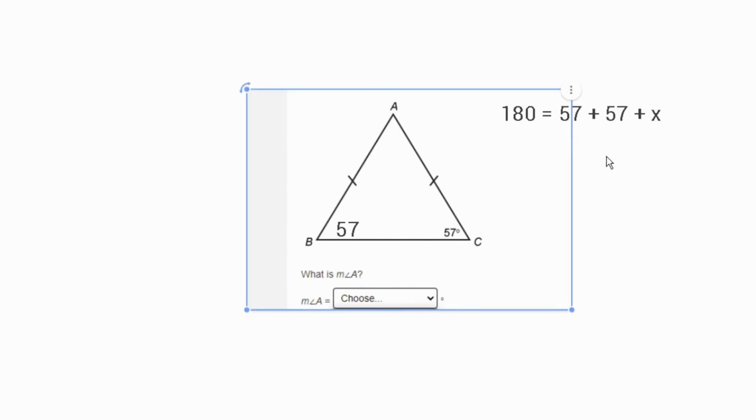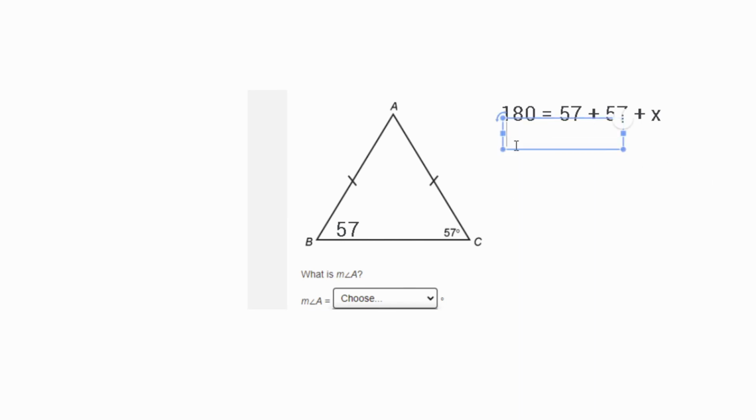Then you subtract 57 from 180 twice, so 180 minus 57 minus 57 equals x, because we're just isolating the unknown value. And the unknown value is, in this case, 66. So this unknown value right here is equal to 66 degrees.